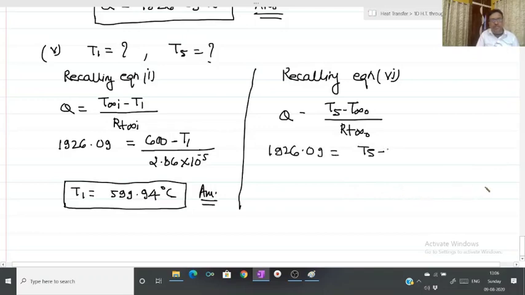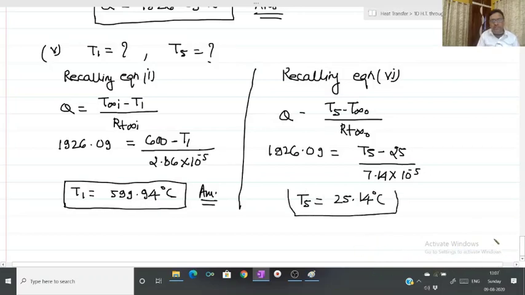T infinity O is 25 and the value of RT infinity O is 7.14 into 10 to power minus 5. From here the value of T5 comes out 25.14 degrees Celsius. So this way we could calculate the value of T1 and T5.